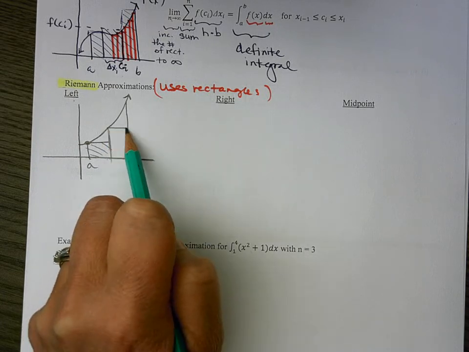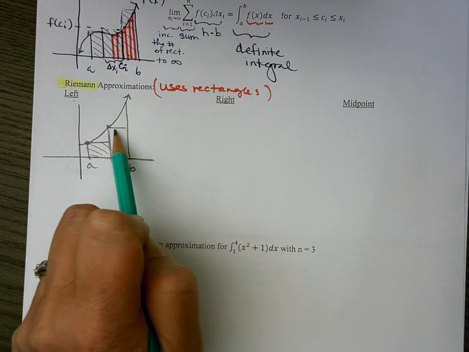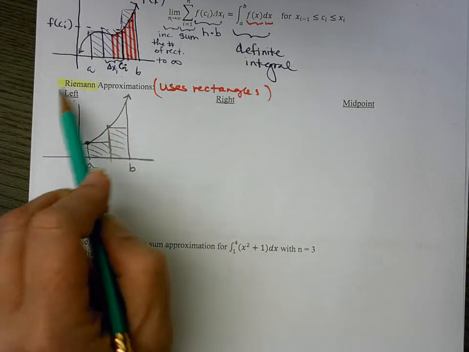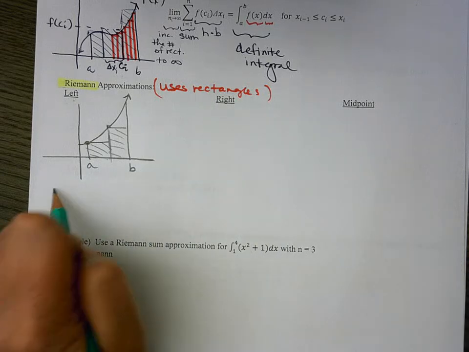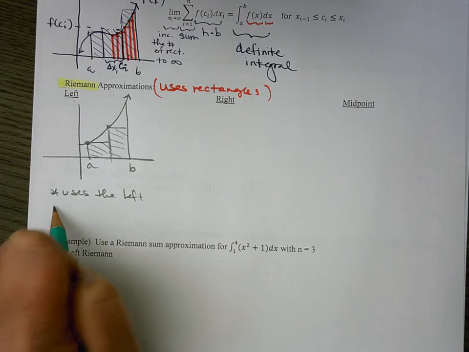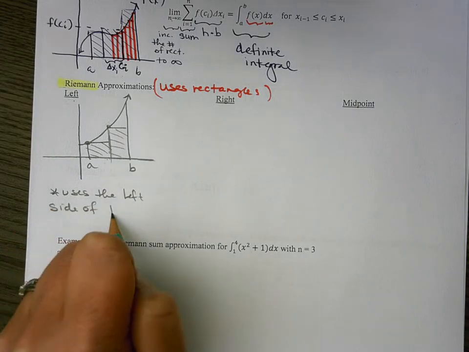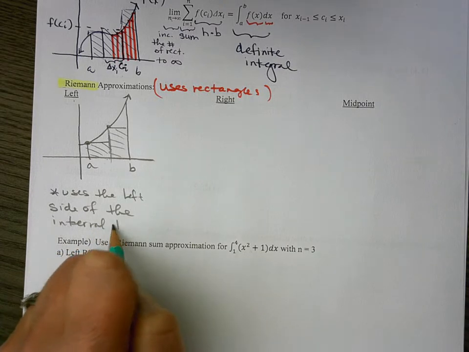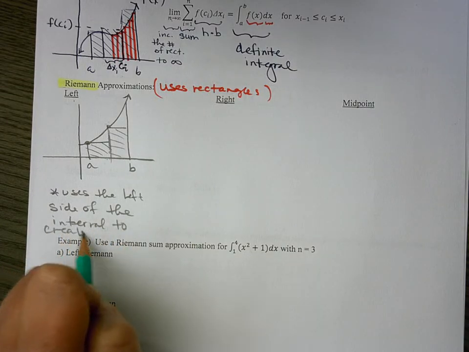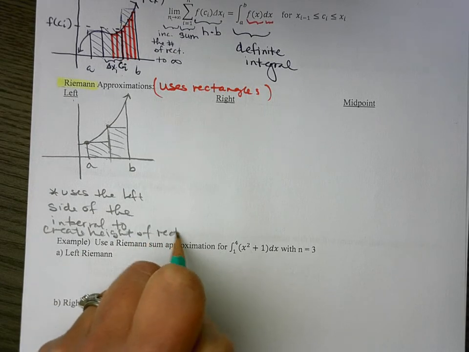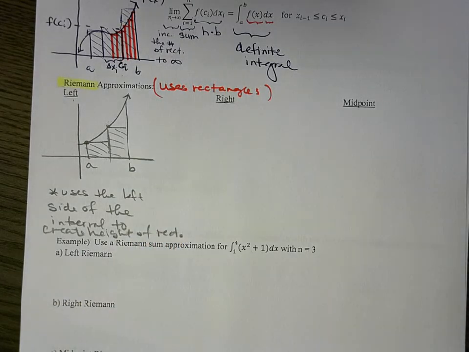I use the left side, and then I use that rectangle to approximate the area under this curve. So that is a left Riemann, okay? So it uses the left side of the interval to create the height of the rectangle. Sorry about my terrible handwriting, it's like half cursive, half print there.